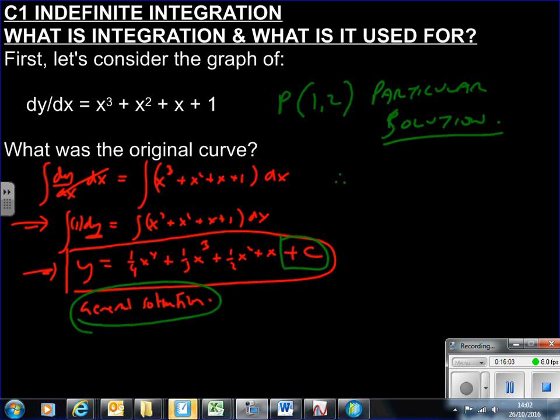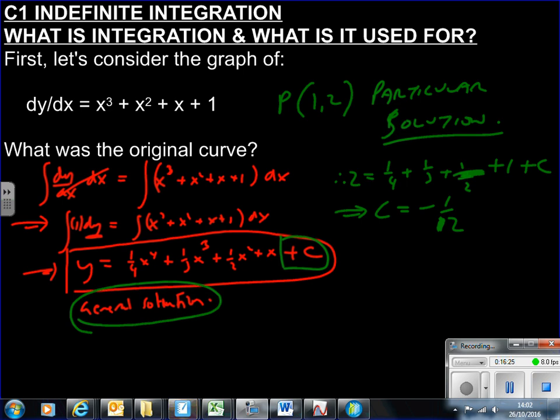So therefore, I would get 2 equals, x is 1, so a quarter plus a third plus a half plus 1 plus c. And if I rearrange to get c equals, I get c equals minus 1 over 12. Okay?